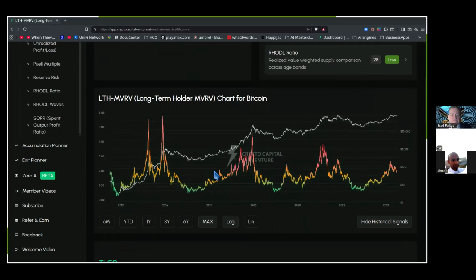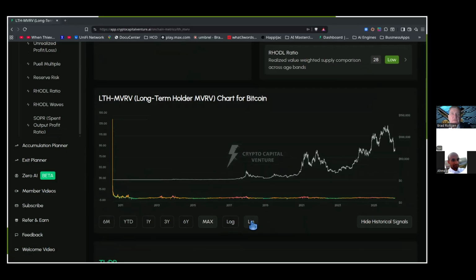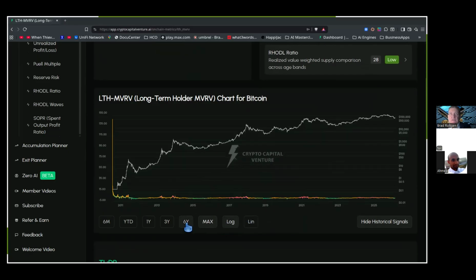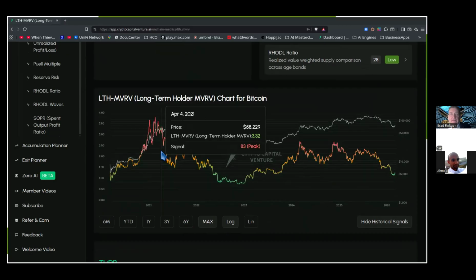But you can go in here quite a ways. You can view it logarithmically or linear. You can look at the 6-year market, and you can drill in or go out. It can hide historical signals, all kinds of different things.